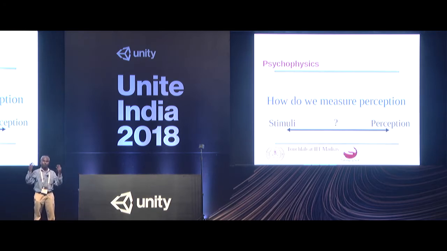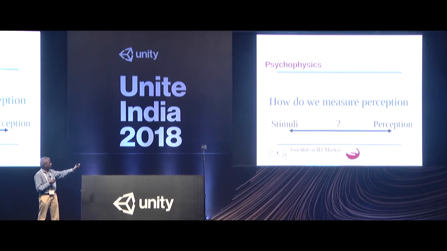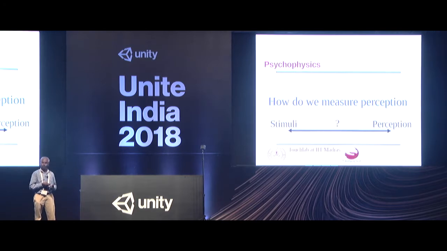So, how do we measure a mental event? That is the whole challenge of psychophysics, right? So, here the idea is that we measure stimuli, that is the visual stimuli or the haptic stimuli or auditory stimuli, and we find the relation between the stimuli and the perception. Finding that relation is what is called psychophysics, right?